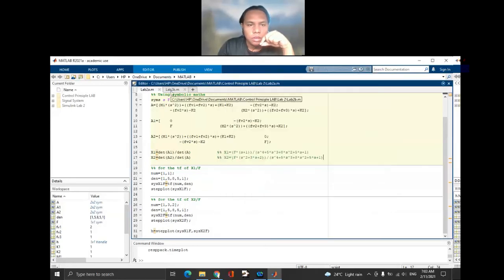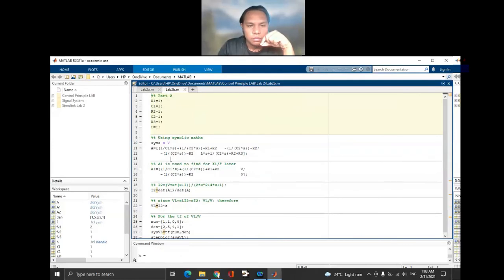Then we go to part 2. Part 2 is pretty similar to part 1, but instead we need to find only one output signal, which is I2. First of all, as usual, we identify our set parameter system, and then we apply syms for two symbolic variables, and then we apply the array based on the set parameter system.